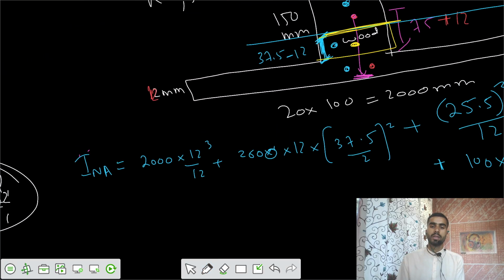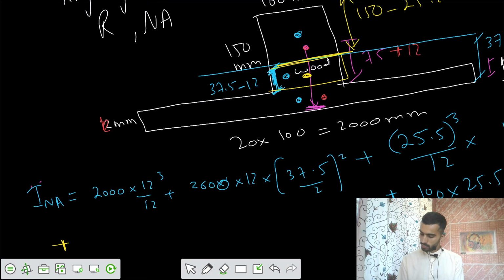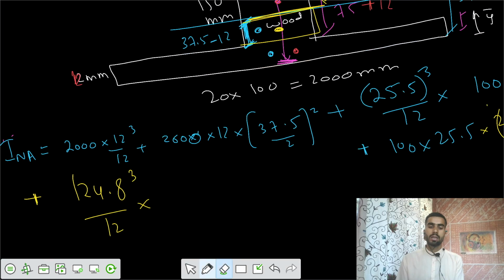Then after that, you had the third area from the top side. Its dimensions are 150 minus 25.2, that's 124.8. So you can write 124.8 whole cube by 12 into value of B 100. So BD cube by 12 plus area 124.8 into 100.